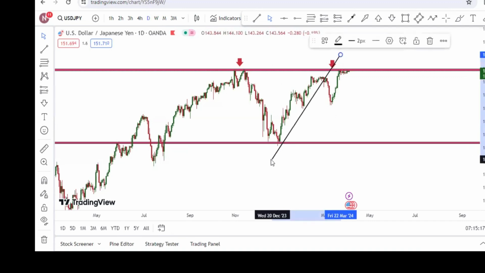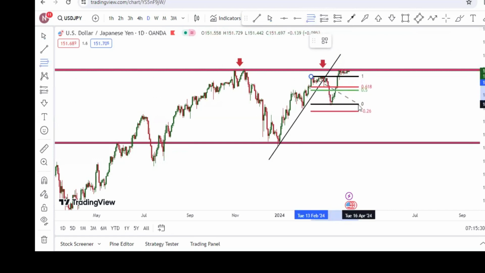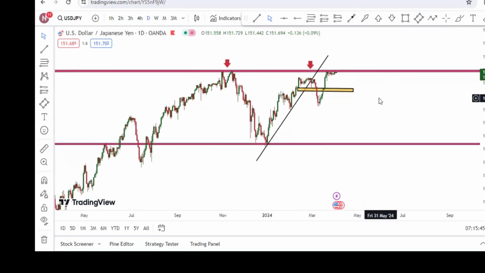First of all, I usually draw my trend line, and I use my Fibonacci tools to show me where the possible reversal might take place, and this is where I drew my reversal, my 60 level on my Fibonacci.